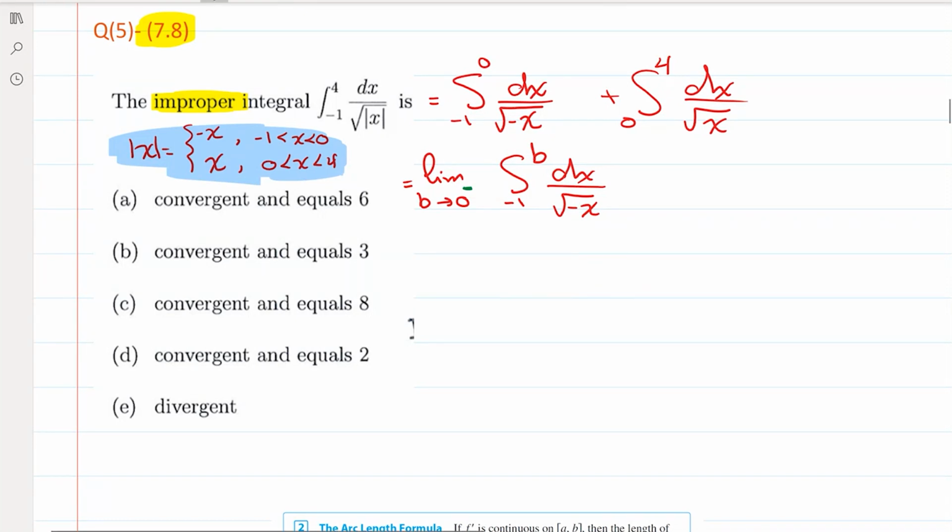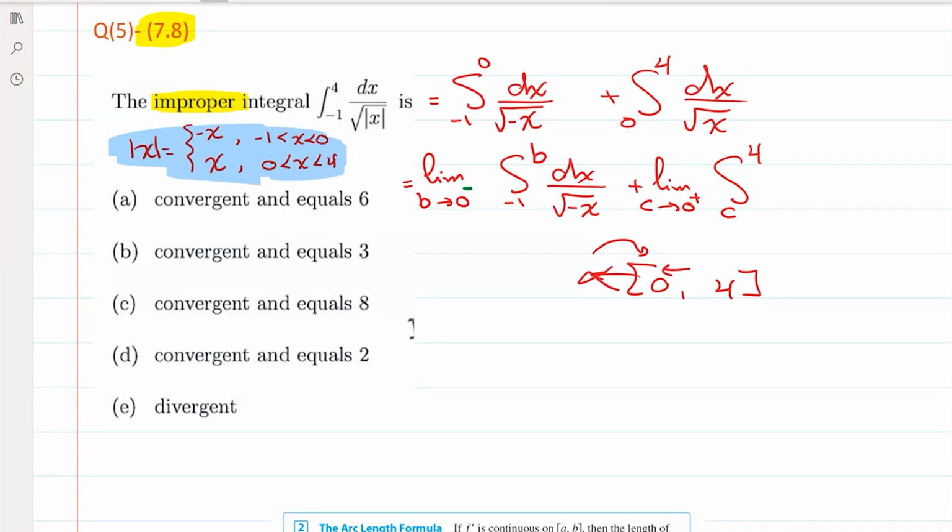So, plus the limit as, let me choose c, goes to 0 from right of the integral from c to 4, because you start from 0 to 4, so you're caring about the values near 0 from right, not from left. Is that clear? Because of that, you have to put from left or from right. This is important. Of dx over root of x.